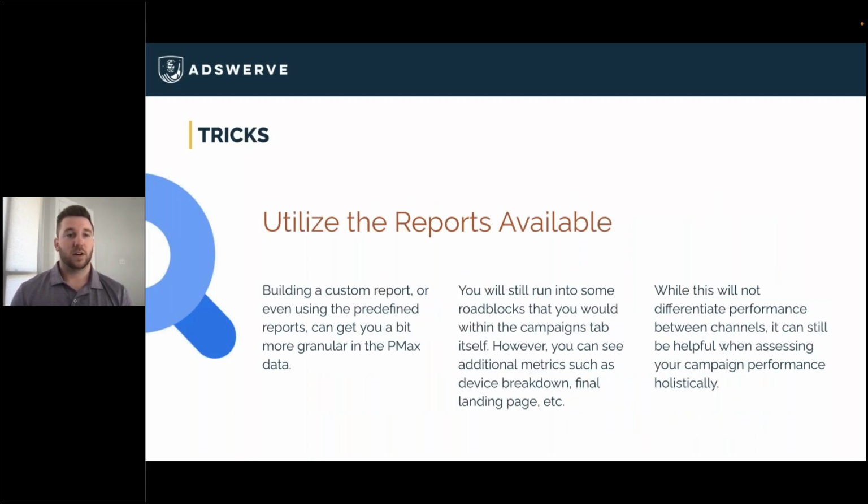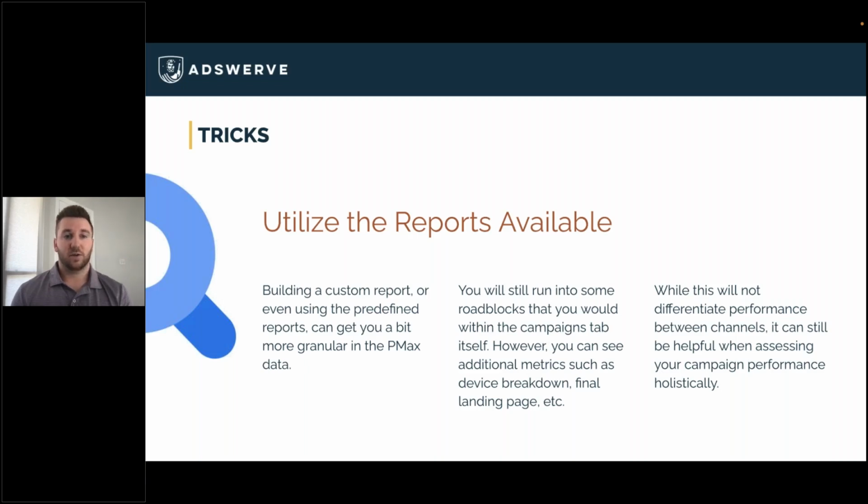Cool. And then one trick here, obviously we talked about the reporting workaround that's available, but just at a pretty basic level, Performance Max does make it a little bit more difficult to track your metrics and performance than some other campaign types. It is a bit black boxy where you just throw everything in and let it run.